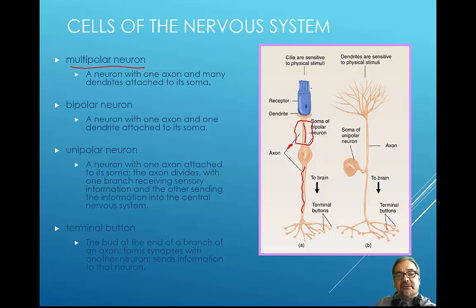So you typically have a receptor. Receptor might respond to physical stimuli, might respond to photons, might respond to sound or movement of the cilia that is the result of a mechanical effect of sound on the fluid inside the ear. All of that sensory information then triggers a postsynaptic potential in the dendrite.